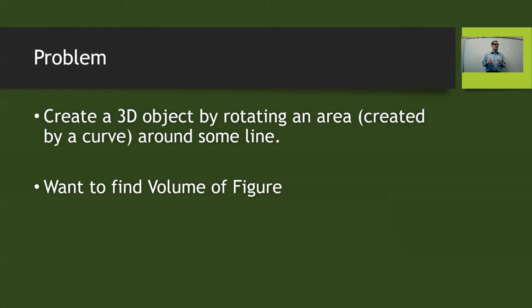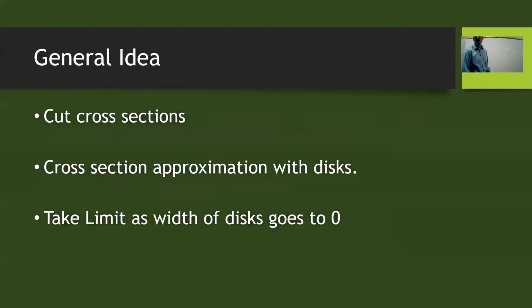All right, so think about what we did in 7.1. We had this region. We're going to take this bounded region, and we found the area for it. If we rotate that around some line, that creates a third dimension, and that figure will have a certain volume. So we want to find the volume of that figure.